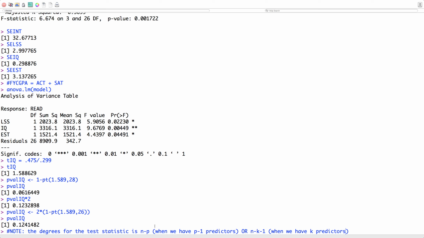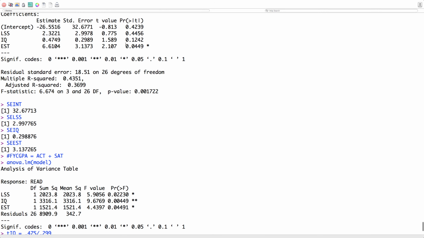So guys, here if we have p minus 1 predictors, then p is going to be 4, so 30 minus 4 gives us 26. And again, if we have k predictors, which would be 3, we would have 30 minus 3 minus 1, which is also 26. So just however we look at that, that's going to be our p-value. And you can see that it matches with our p-value up here.